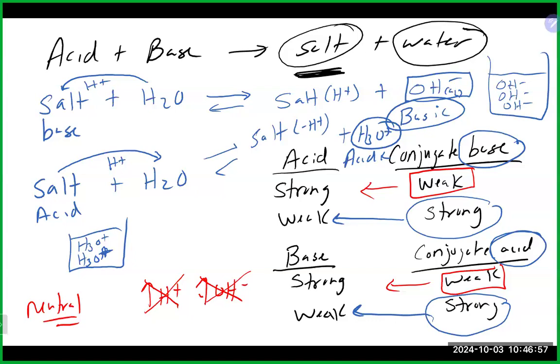Now, if you have a weak acid or weak base, that means that the salt they produce will be relatively strong in the sense that it can continue to react with water and either produce more H plus, which would make your solution acidic, or produce more OH minus, which would make your solution basic.